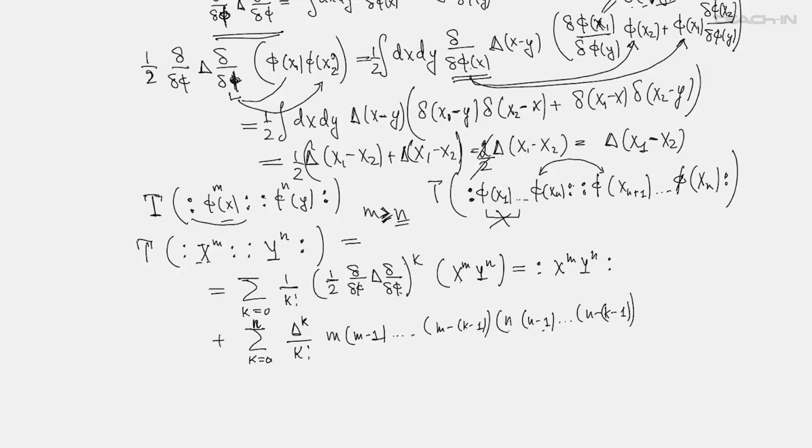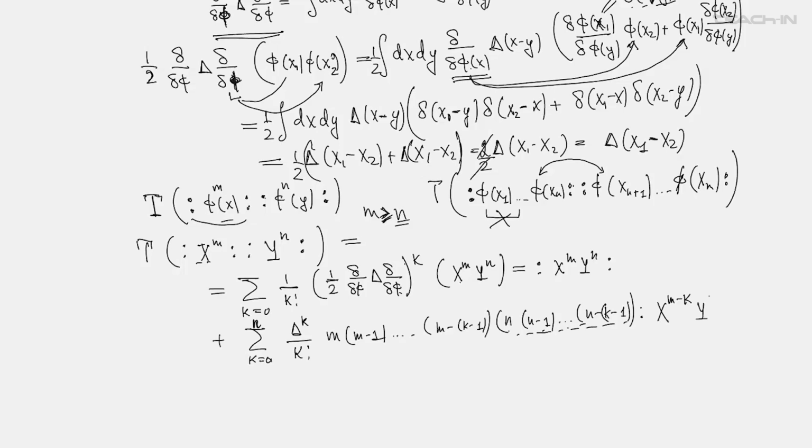And so the number of times this will be done is n, n minus 1, and so on, up to n minus k plus 1. And so the last value of k where I can apply it is k equals n. I think it's clear. And what will be left over after k applications is X to the power m minus k, because k fields go to pairing. And from Y, n minus k fields remain.